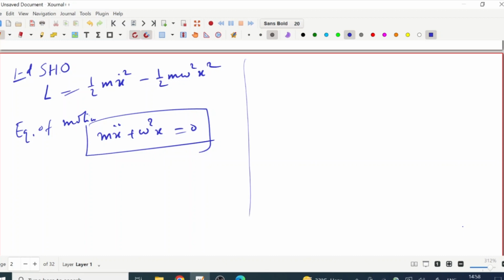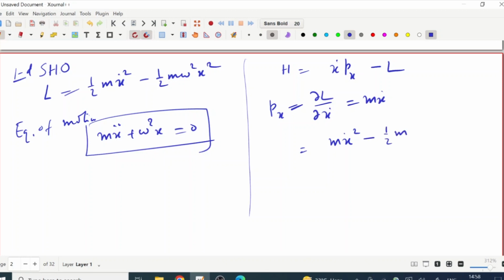On the other hand, let us construct the Hamiltonian for this system. The Hamiltonian can be defined as Px x dot minus L through Legendre transformation. Now, Px will be del L del x dot, which is nothing but m x dot. Okay. So, you will have m x dot square minus half m x dot square plus half m omega square x square.